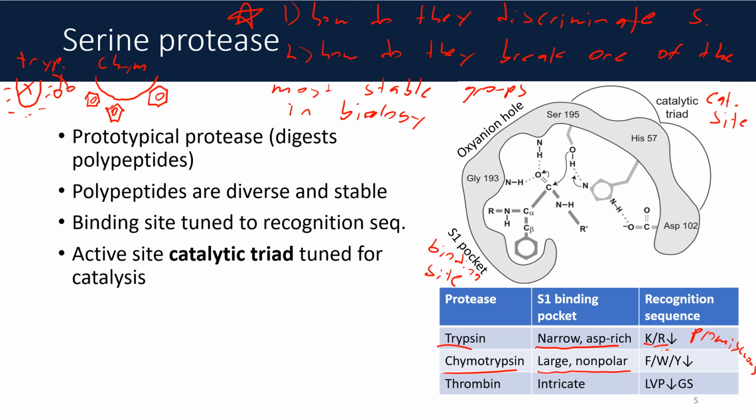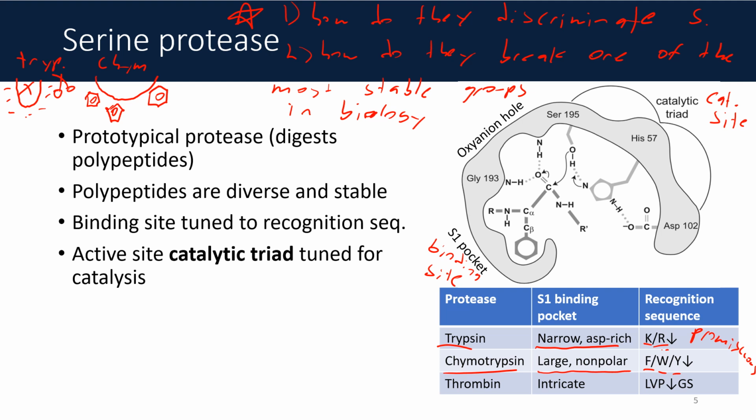That means chymotrypsin is going to bind any residue that is large and hydrophobic, such as phenylalanine, tryptophan, or tyrosine. Its recognition sequence is F/W/Y, and then you cut the bond right after that. Anytime we see one of those residues, we're snipping that peptide right there.